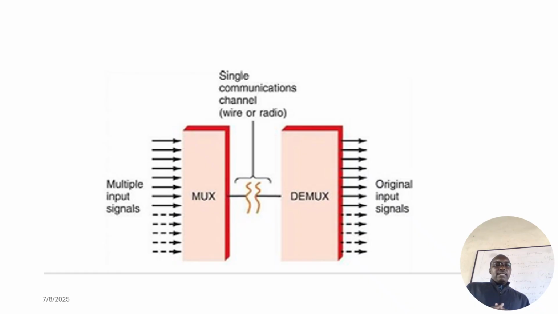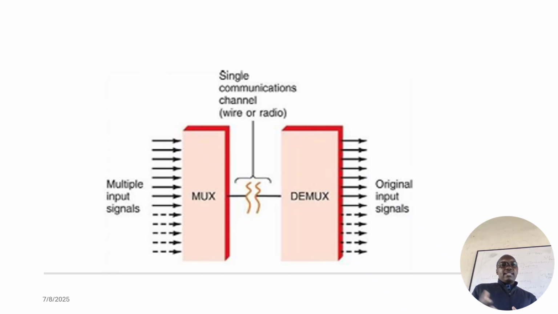Whether wired or wireless, we must have a transceiver, where one side is a transmitter and the other is a receiver. Then in between we have the link. So that single channel is where we achieve multiplexing, and we can achieve the different categories.